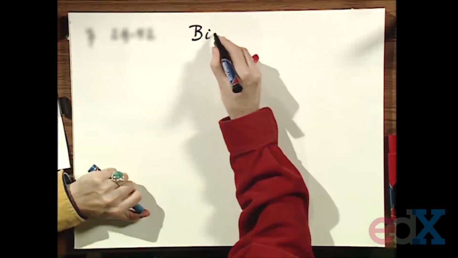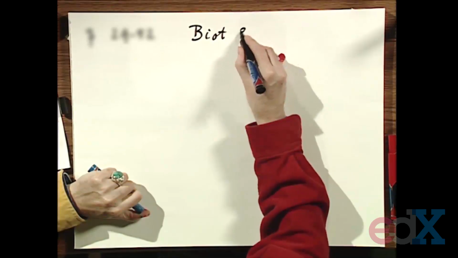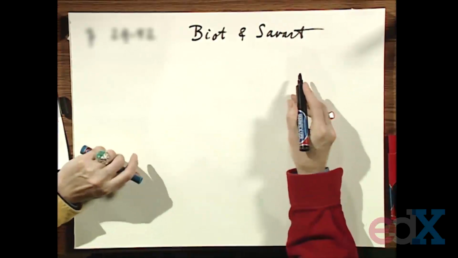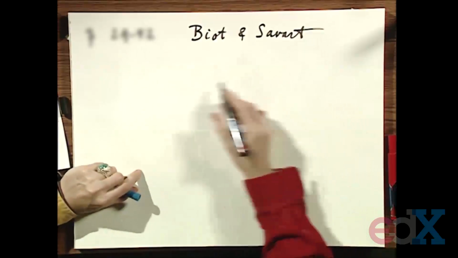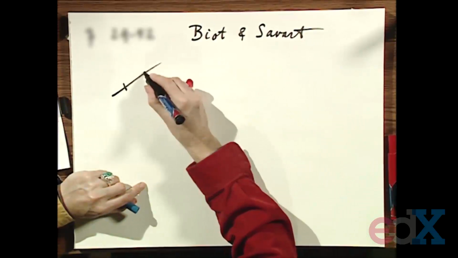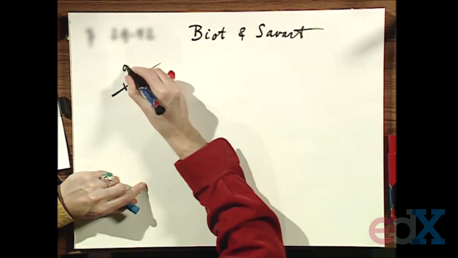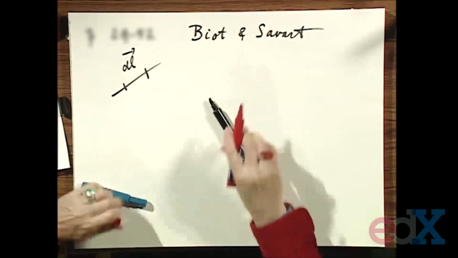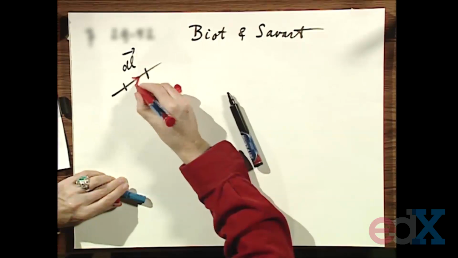And here we have to deal with Biot and Savart, two Frenchmen. Biot and Savart said, if I have a small element of a wire that draws a current, dl is always in the direction of that current.